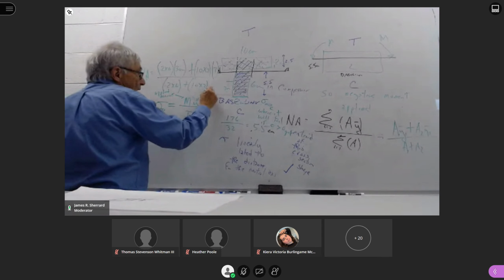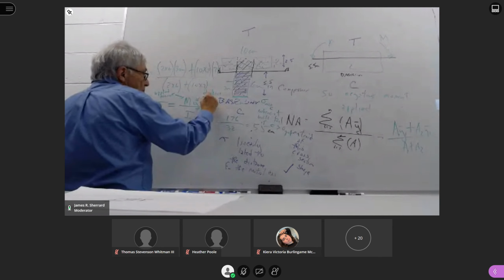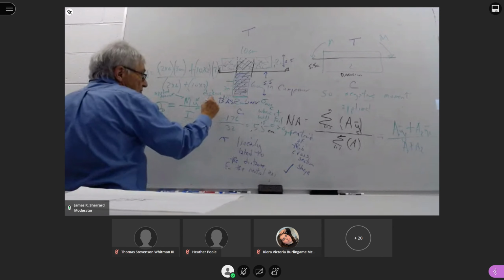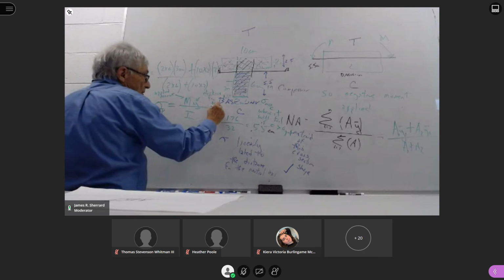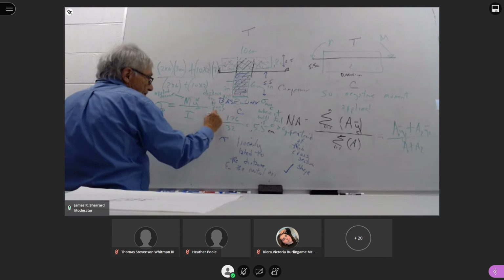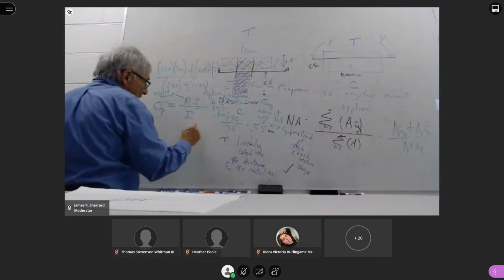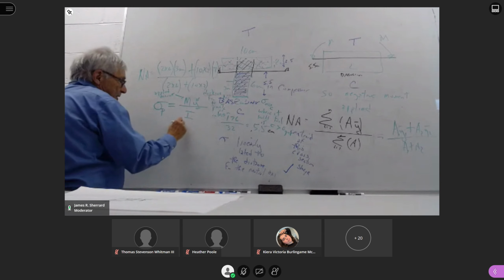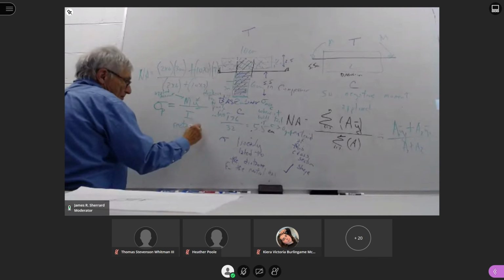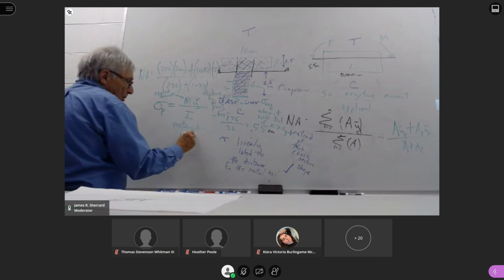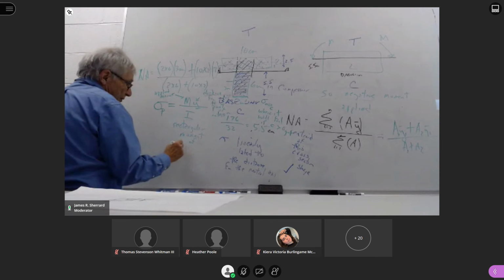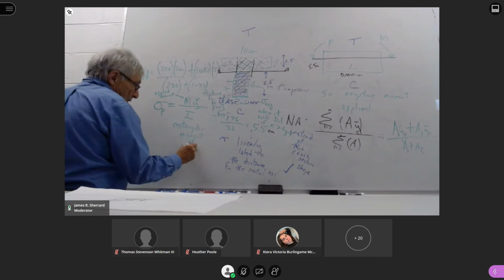This is the distance from the neutral axis to the point of interest. I is the rectangular moment of inertia.